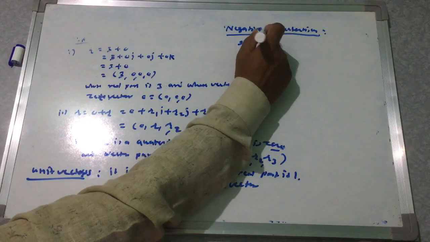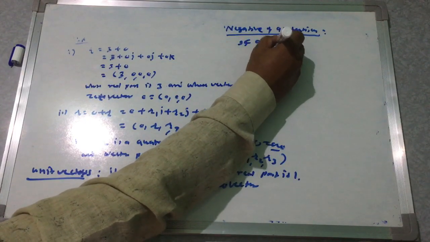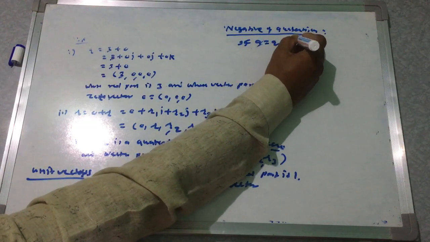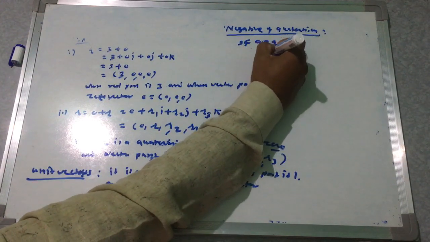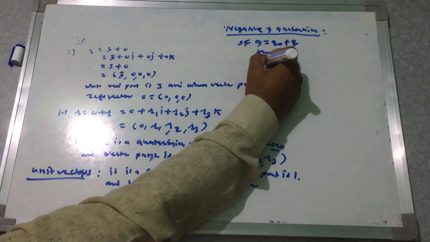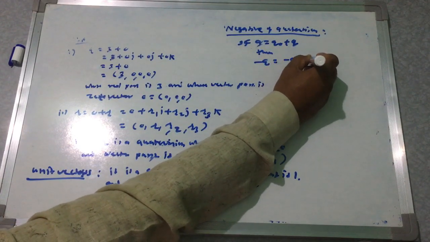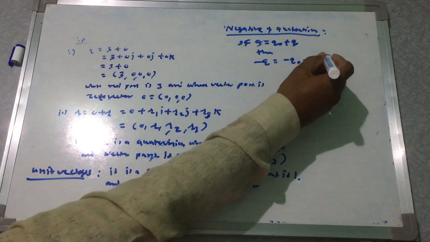If Q = Q0 + Q, then −Q = −Q0 − Q. So this is the thing.